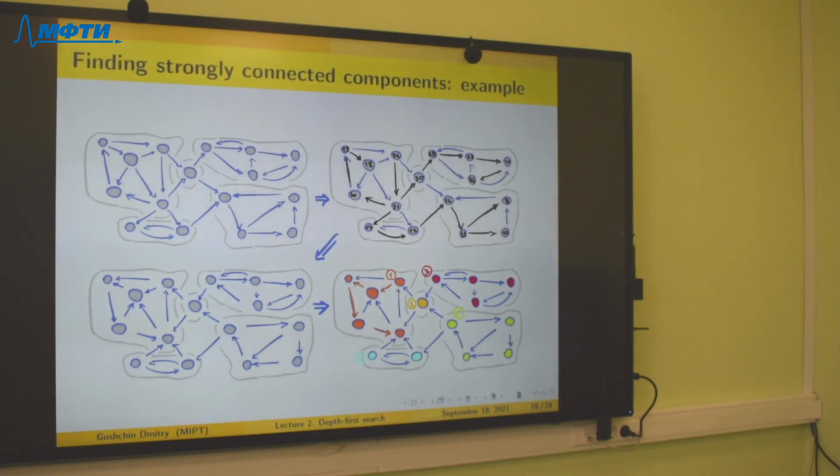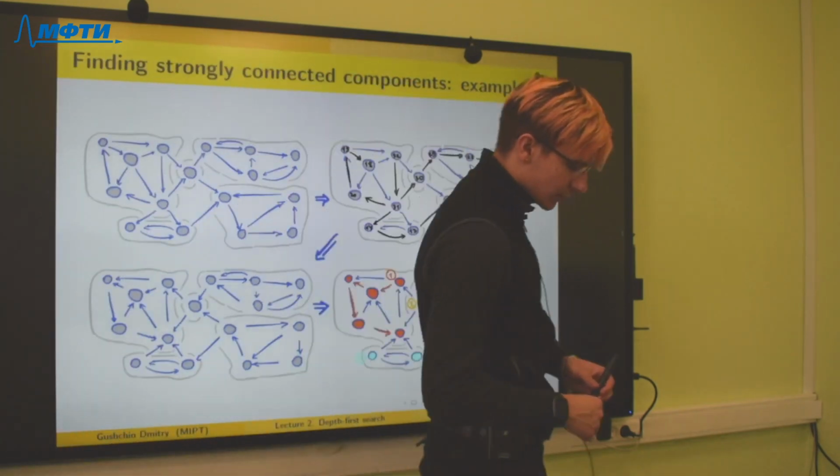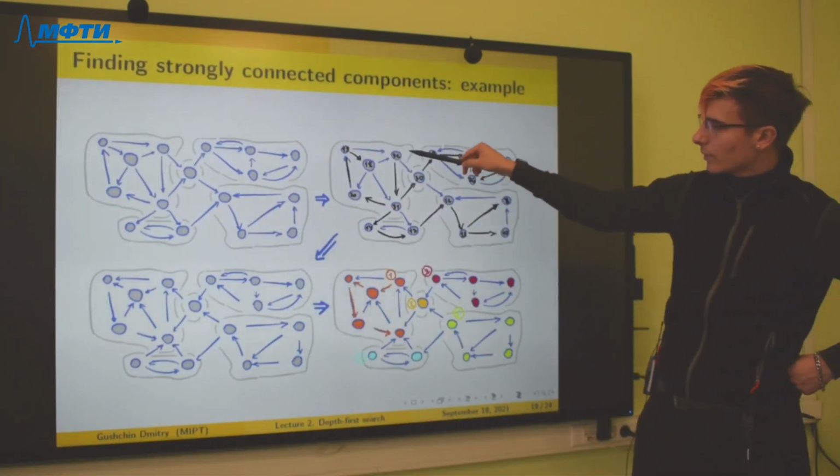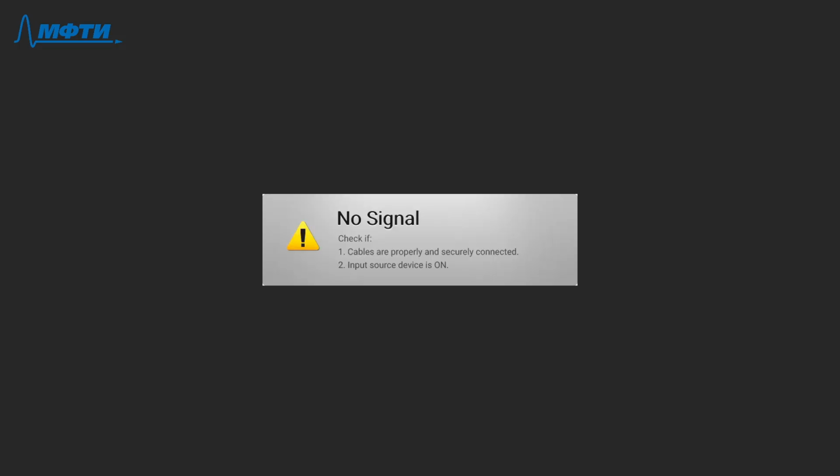If we start, for example, from 32, then we went to 31. And then after that, 30 and 29. We explored this part.